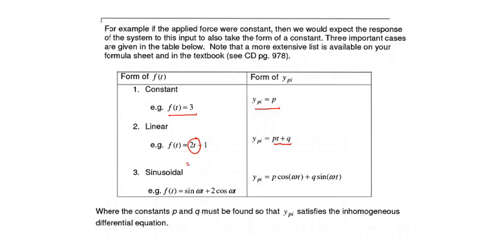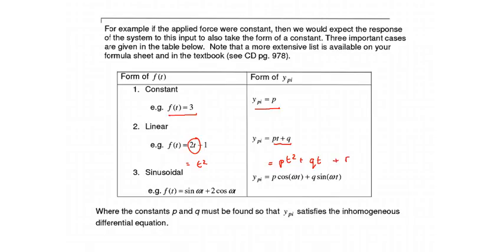So if, for example, on the right hand side it was t squared, your guess for your expression that we're going to put into the function will be pt squared plus qt plus r. So even though there's not a q on the right hand side, we're going to guess that we might need it as a possible term to put into the left hand side, and then the next term down there, an r.